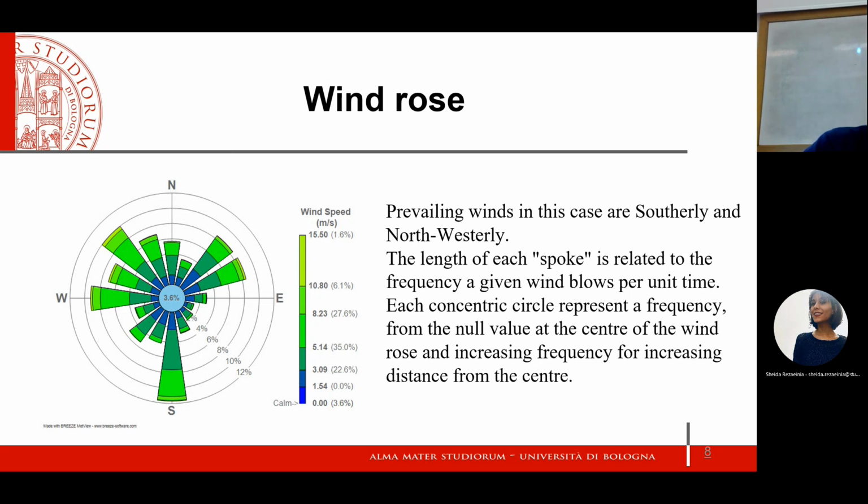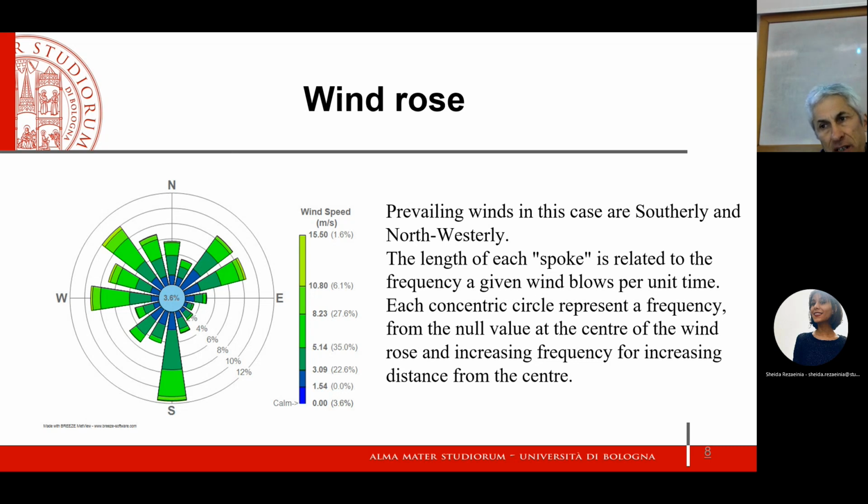With respect to the total observation period, we have about 4% of the time where there is no wind. So this circle then extends over all the directions, and it's the basis for all the directions. So in the south direction, we have 3.6% with no wind, which is the same in the east, of course, because there is no wind.